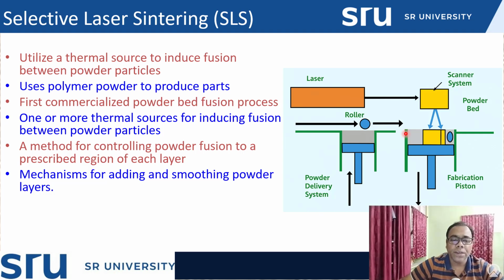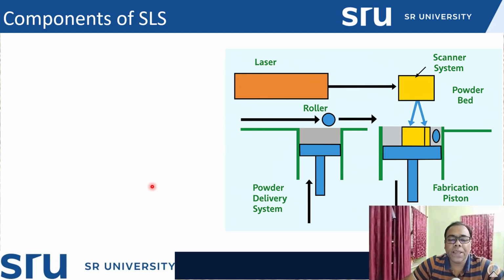It is a thermal process, and inducing fusion between the powder particles is required. It is the method for controlling powder fusion to a prescribed region for each layer. So a mechanism for adding a smooth layer of powder is required in this process.